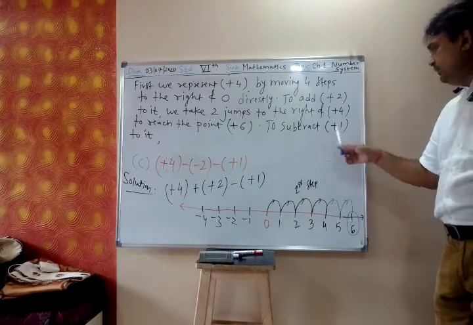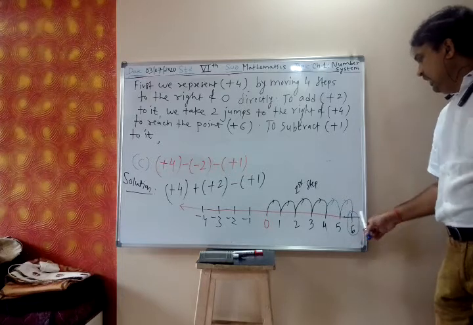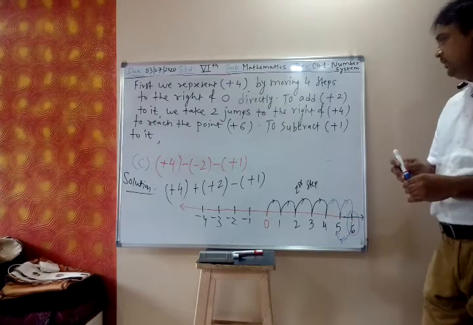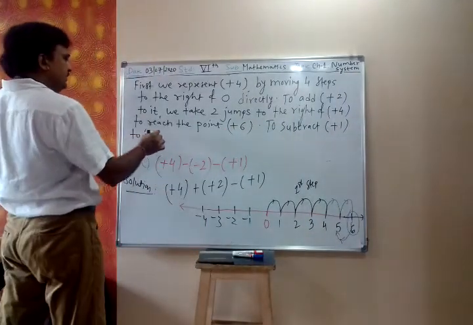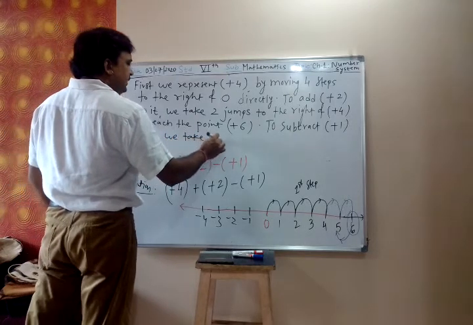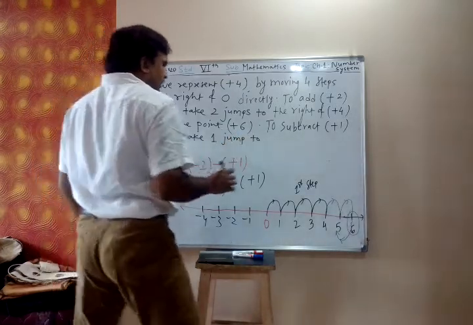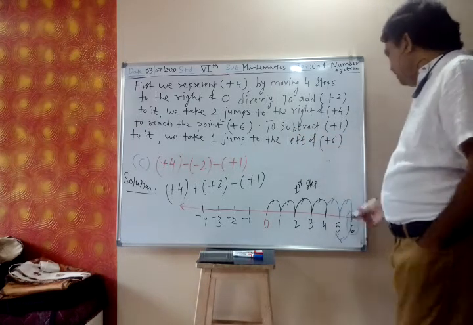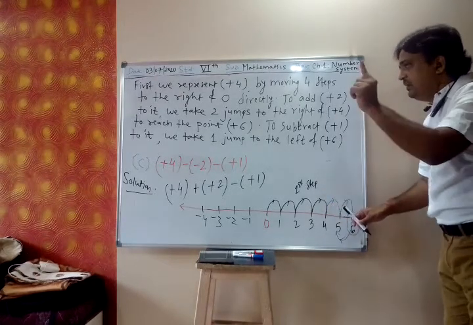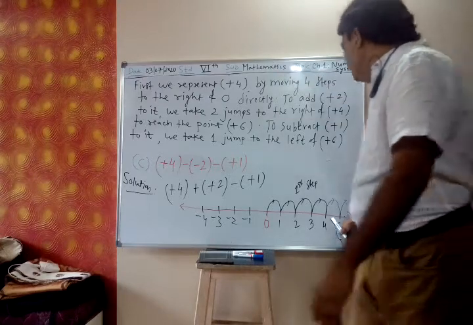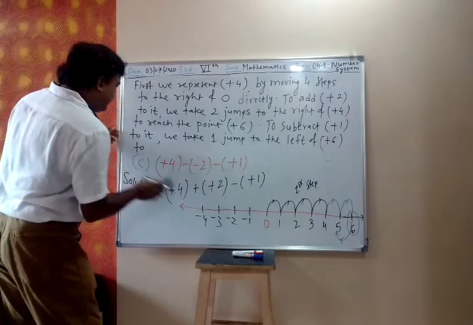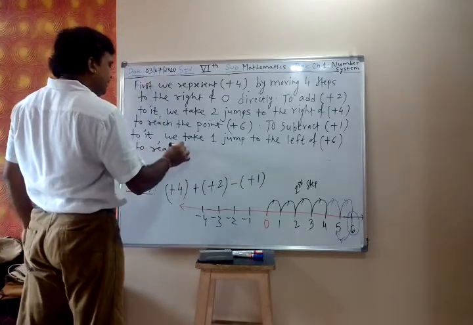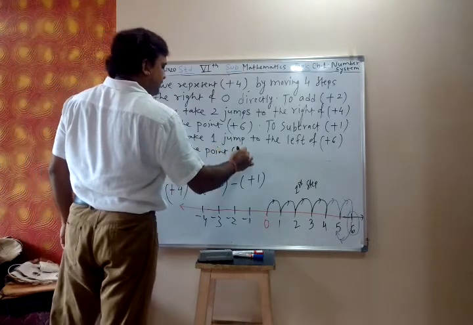So from plus 6 I will take 1 jump to the left because we want to subtract, to reach the point plus 5.